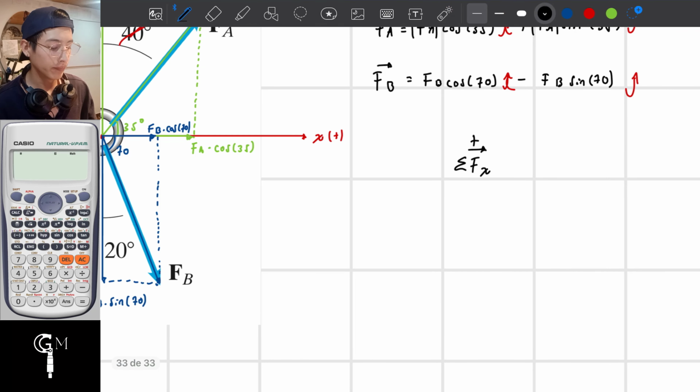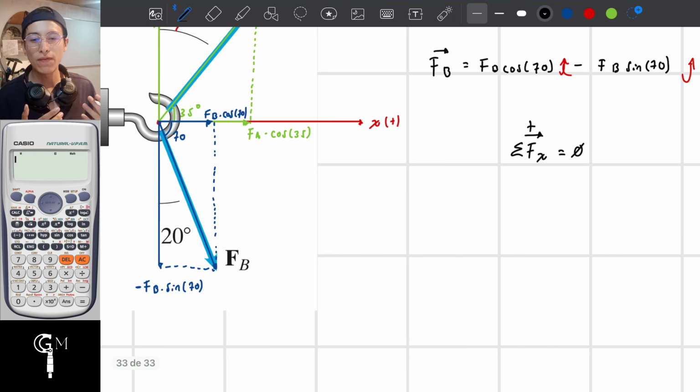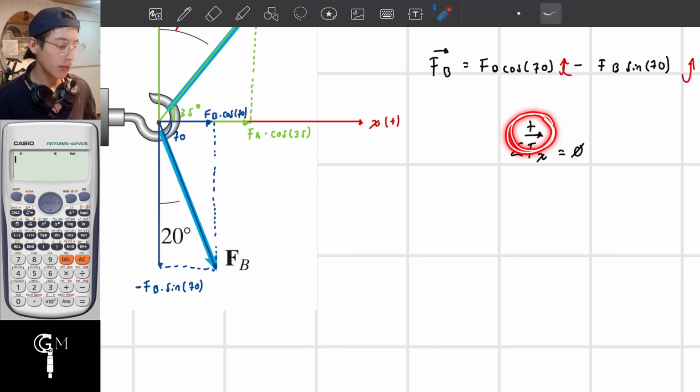It's the way of me saying that all the forces towards the direction that I indicate right here are going to be positive, and the other forces, hence the forces that point towards the opposite direction, are negative. All right, in my case.